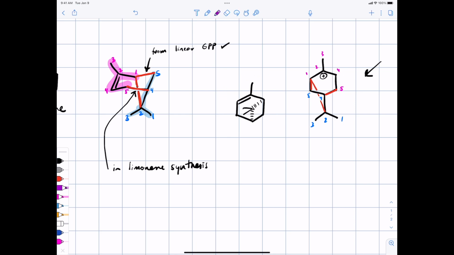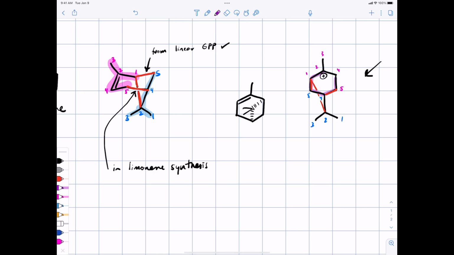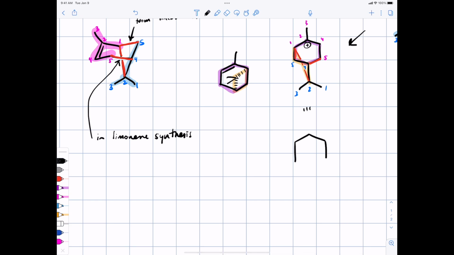Let's see, in purple, let's do the 6-membered ring. 1, 2, 3, 4, 5, 6. All right, there's the 6-membered ring. Now let's do the 4-membered ring in orange. 1, 2, 3, 4. So we've got all the connectivity issues right, and in fact, at this point, if we wanted to, we can redraw the molecule.